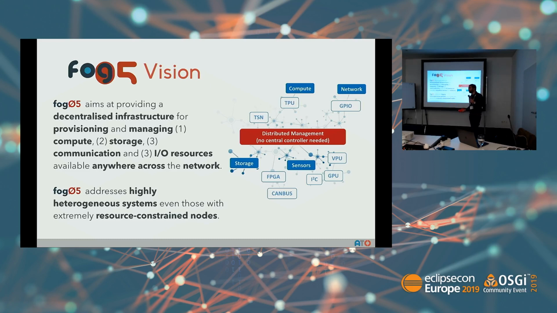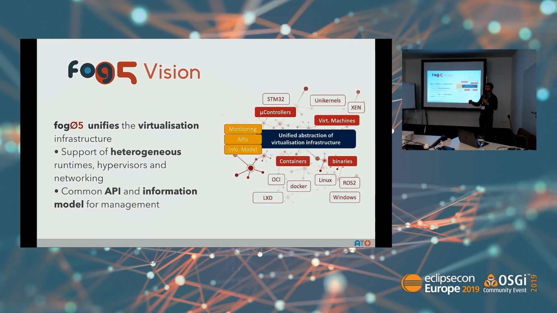But when you go to small devices like microcontrollers, you cannot think to deploy a container over there. You would think of deploying a native application that can run on that specific microcontroller, but you may want to be able to control that microcontroller directly using the same abstraction that you use for your cloud application. And so in order to do that, fog05 provides a set of APIs and abstractions in order to have this unified view.